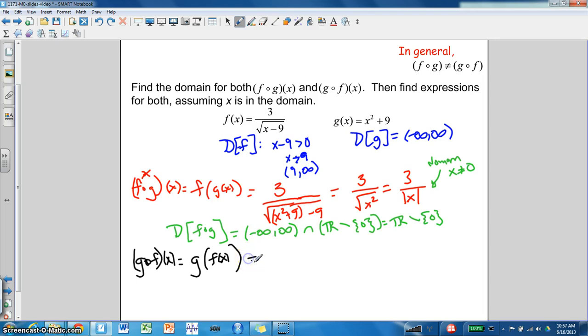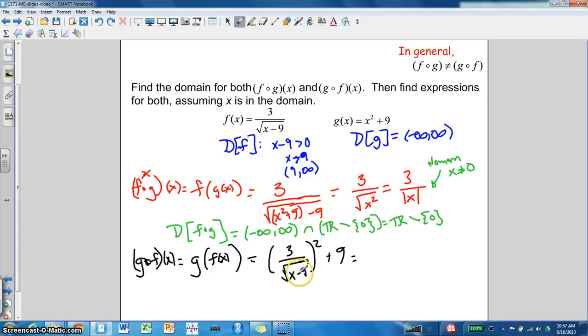And now I replace every x in here with this output. So I'd have in parentheses 3 over the square root of x minus 9, squared, plus 9.